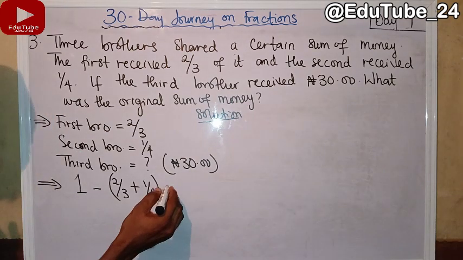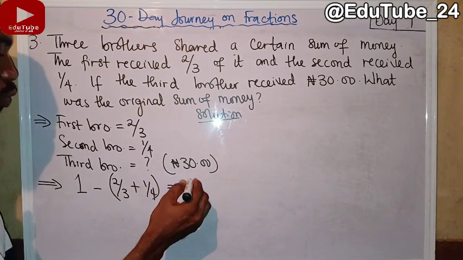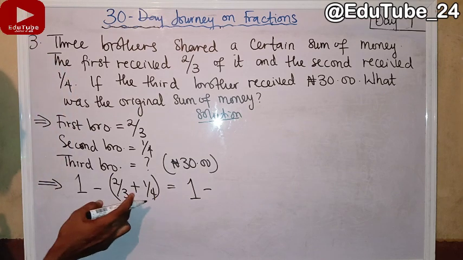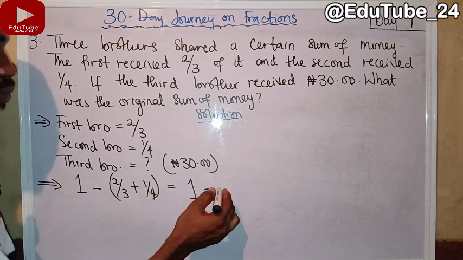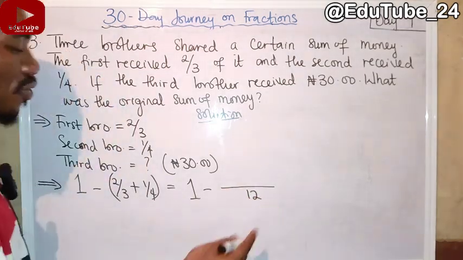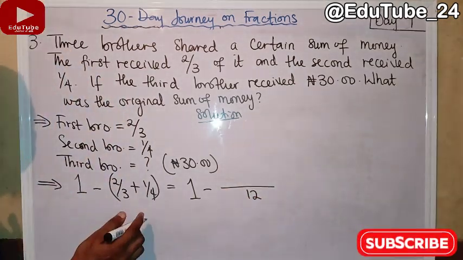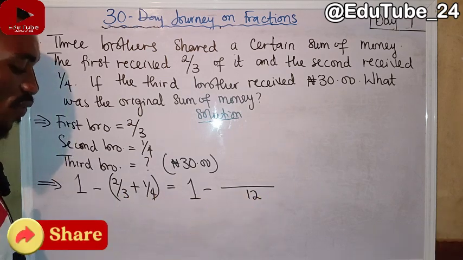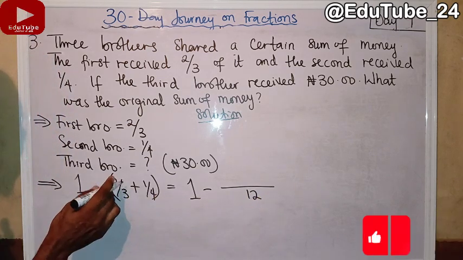Okay, so now 1 whole minus, the LCM of 3 and 4. We find the LCM of the denominators, which is 12. I'm going to rule a line for the common denominator. So the common denominator, or the LCM, is 12. Then I'm going to divide the common denominator by each denominator, and whatever result we get, we use it to multiply the numerator.